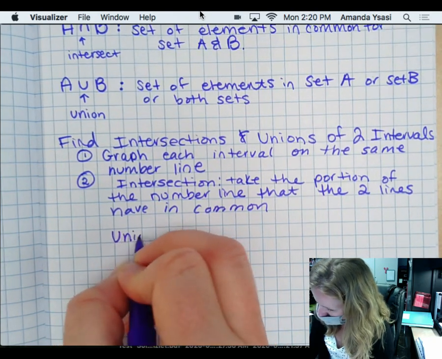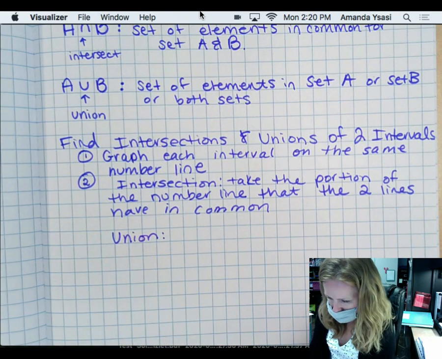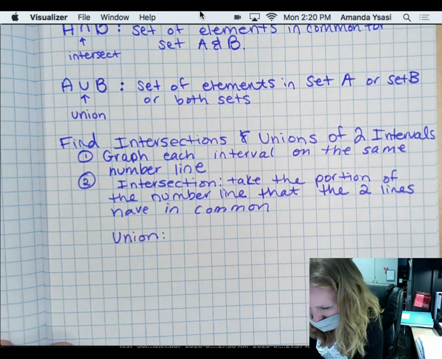And if it's a union, you're going to take the portion of the number line representing the collection of both sets.